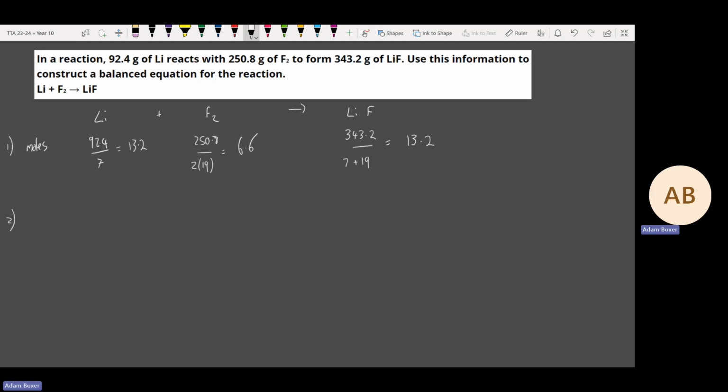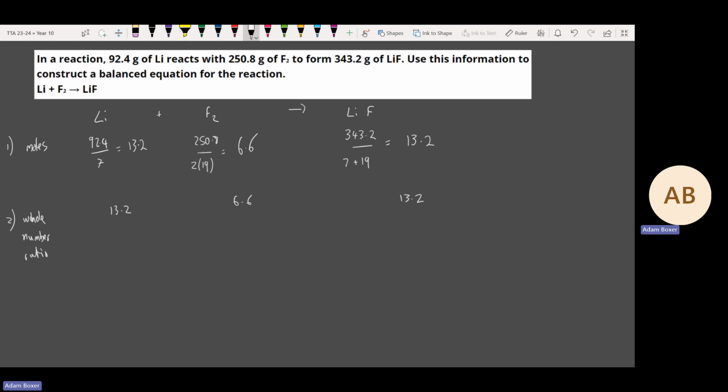Step 2, and you can do that in more steps than that. I've just done it quite quickly here. But the next step there is to turn it into a whole number ratio. So I've got these 3 numbers of 13.2, 6.6, 13.2.